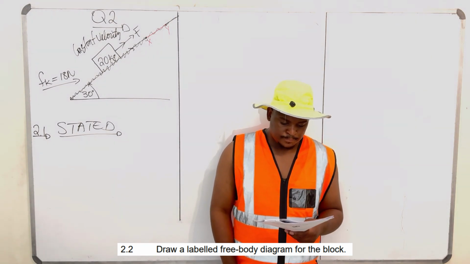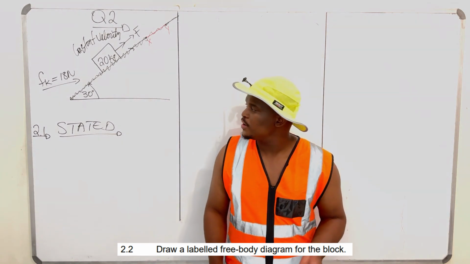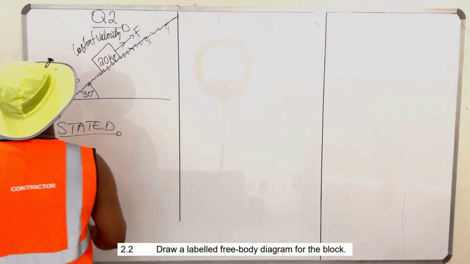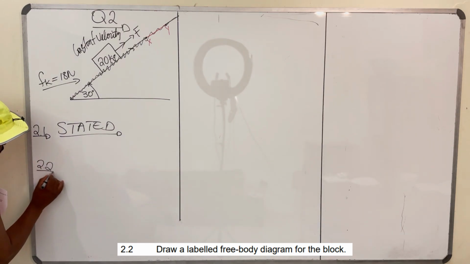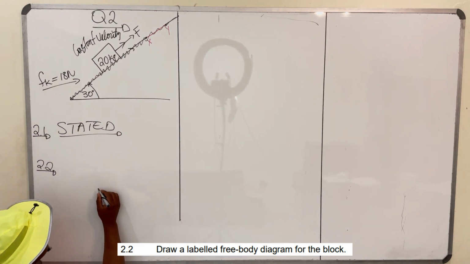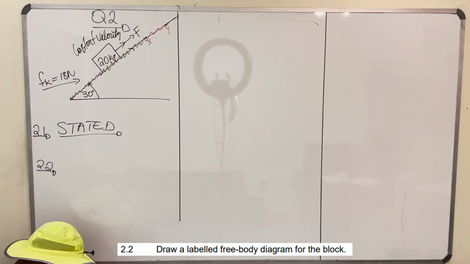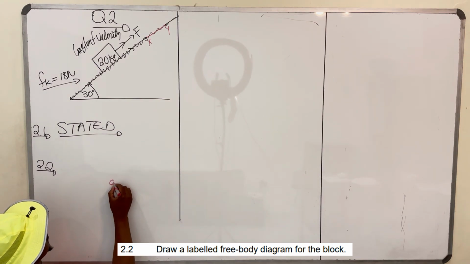2.2. They are saying, draw a labelled free body diagram for the block. So they want you to draw a free body diagram for this 20 kg block. That is your 2.2. How do we do this? Okay, let me use another color. I'm going to use the red color. So here is your block.